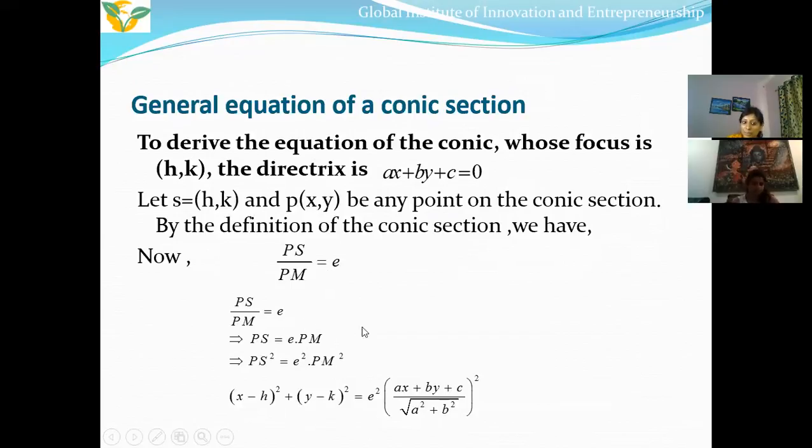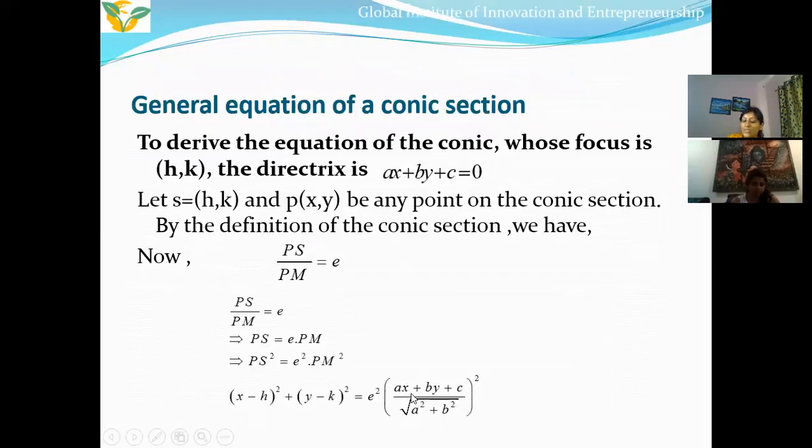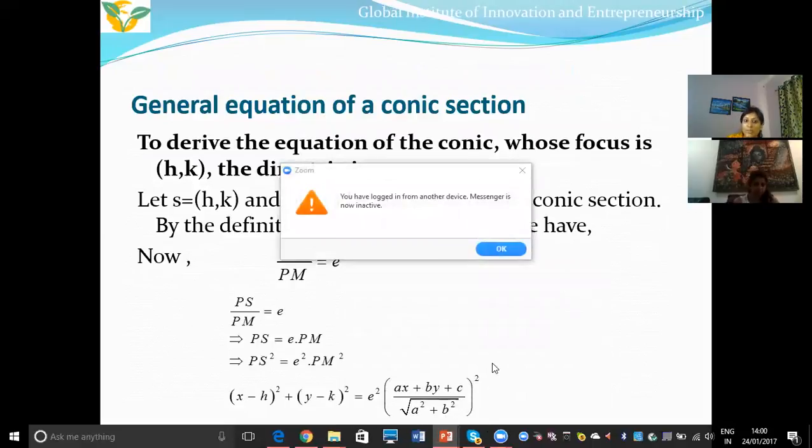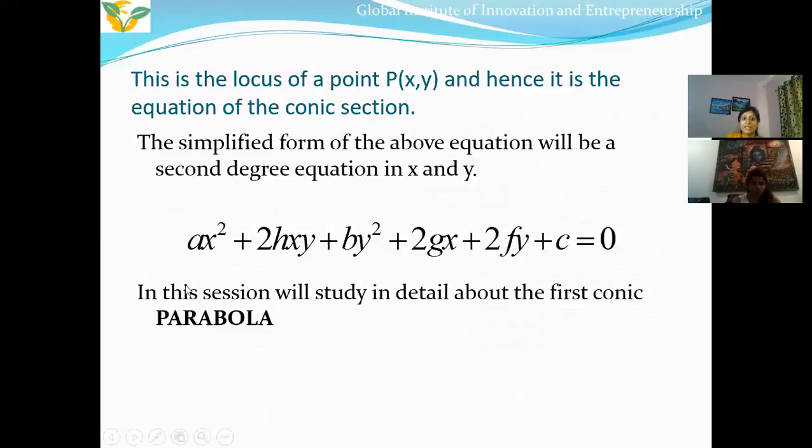Now when it comes to PM, PM is the distance from this point to the directrix. So by the general formula, it is the modulus of (ax + by + c) divided by the root of the coefficient of x squared plus the coefficient of y squared, the whole squared.